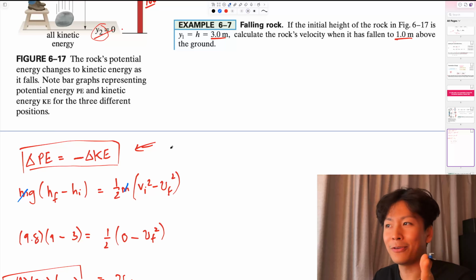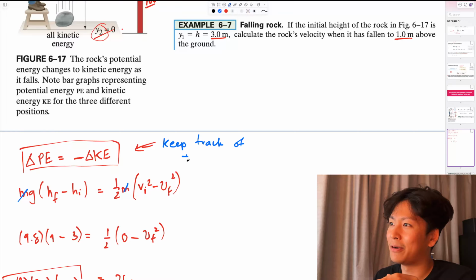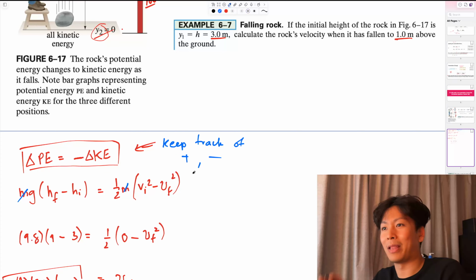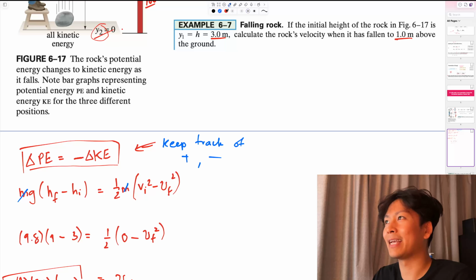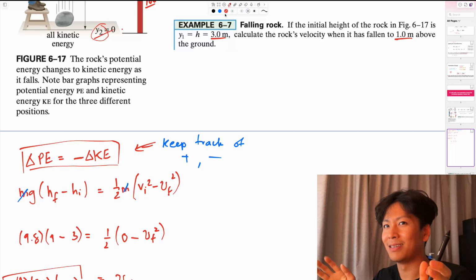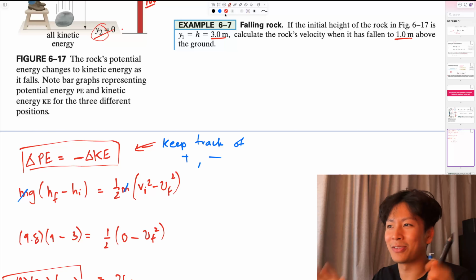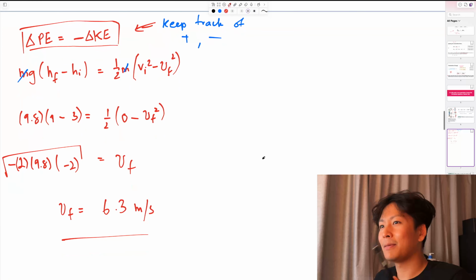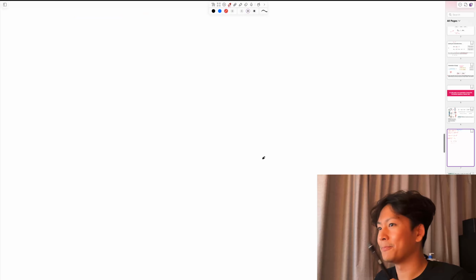So for you, I want you to try your best to keep track of the positive and negative values. Keep track of what's my final height, what's my initial height, and then if you do it all correctly, the negatives should either cancel out or stay there, right? So don't just be like, oh, it's a negative number, just ignore it. Try not to do that, because that builds up bad habits, and that's how you make mistakes. So keep track of your positives and negatives properly.